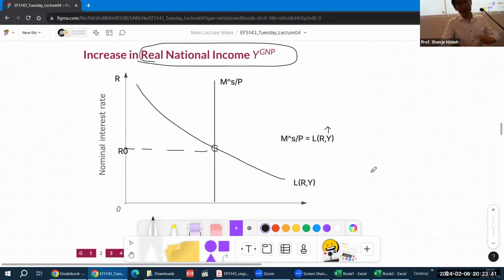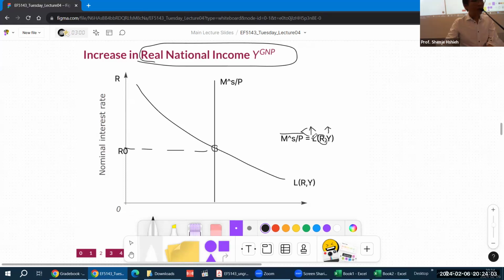We know that Y is positively related with L. So if Y increases, L increases. This is going to create an inequality in this way. Assume all else equal. We can't change MS here because this is set by the central bank. Prices are assumed to be sticky. Then the only other parameter is R.